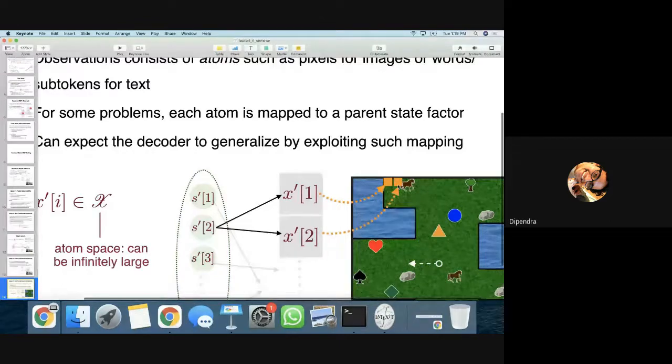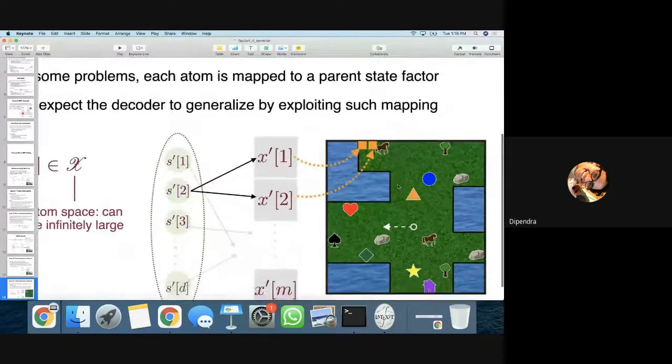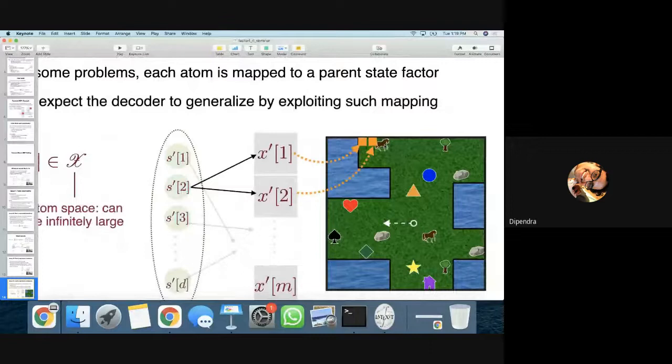But there's another view, which is more concise, which is viewing objects as a factor. In that case, the horse would be one factor and the tree would be another factor. In my view, that is the right view, but it doesn't satisfy the parent assumption, and so the factored MDP assumption is violated. I think that's an interesting open question of how we can design these object-centric representations. Unfortunately, we can't cover that in this work.